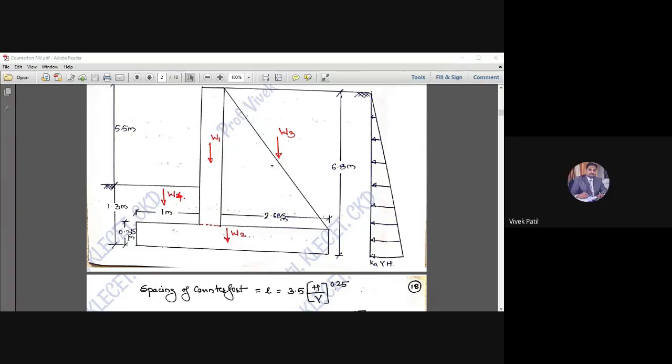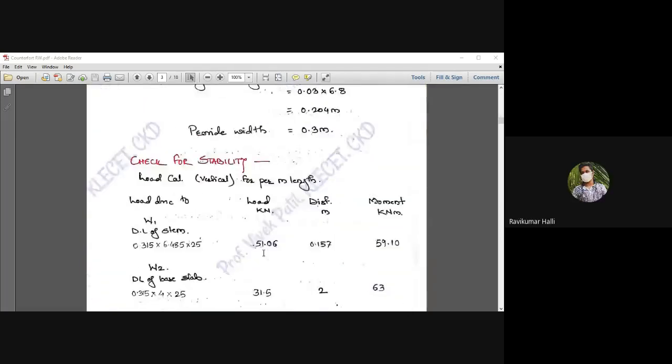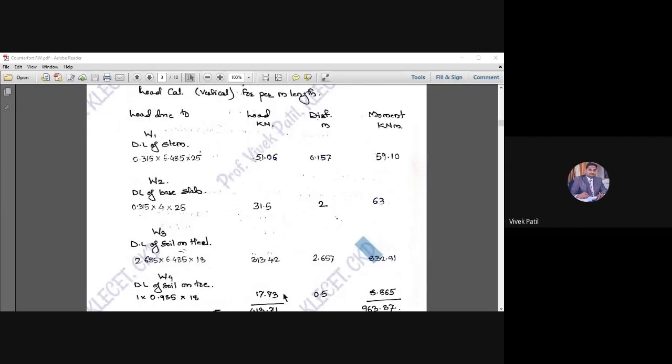So the dead load of the soil will be equal to volume into density, with volume for 1 meter length: 1 into 0.985 into the density of soil, 18. That is 17.73. Okay, so this calculation I have done here.